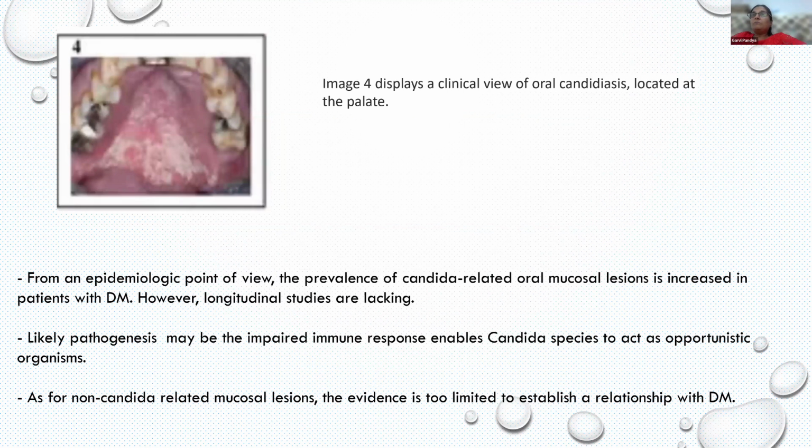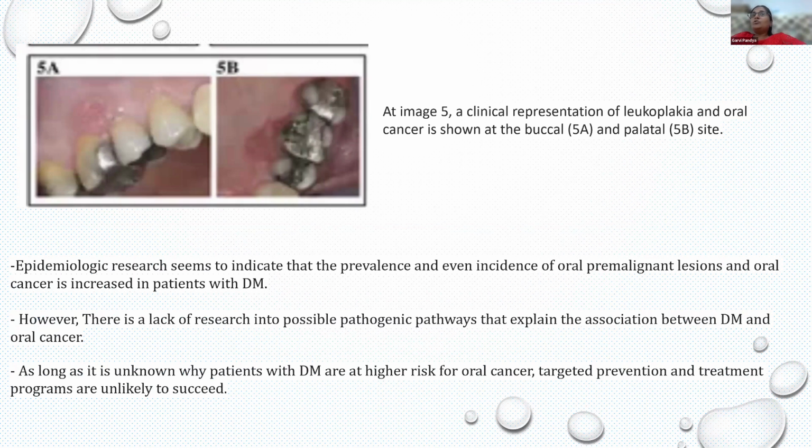Candidiasis is the other, because diabetes can increase opportunistic infection and can lead to recurrent fungal infection of the mouth. It can also lead to precancerous lesions and oral cancer.